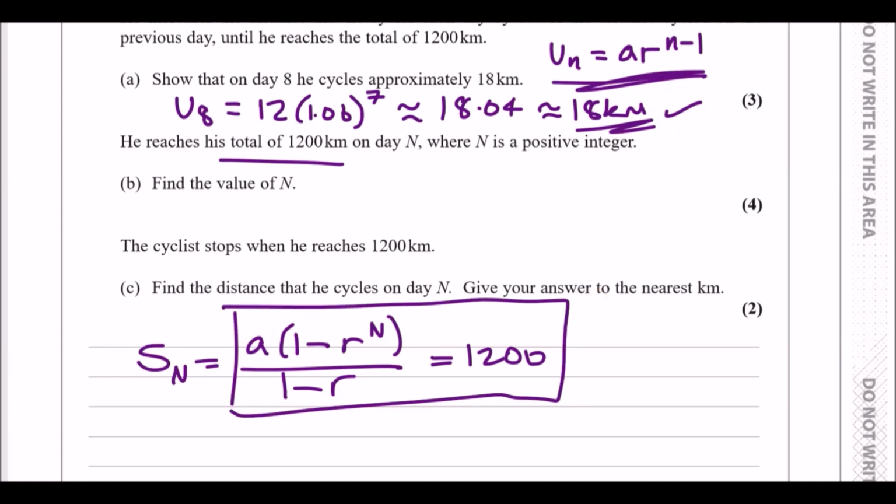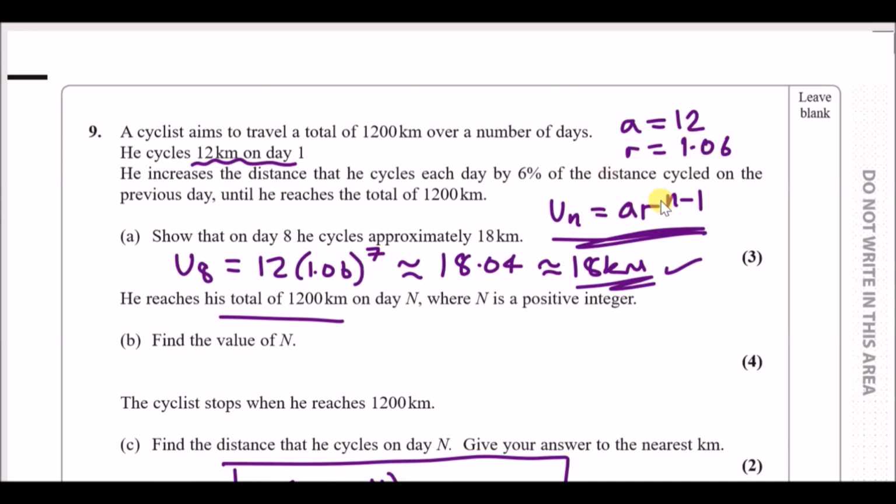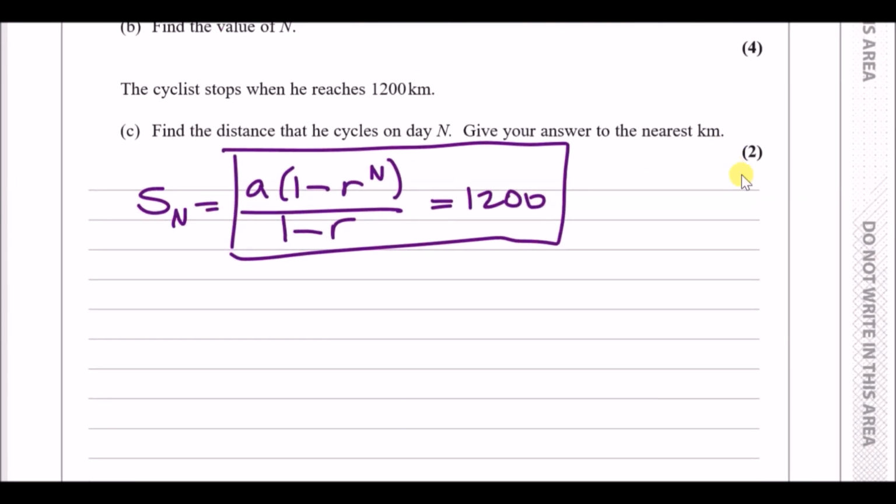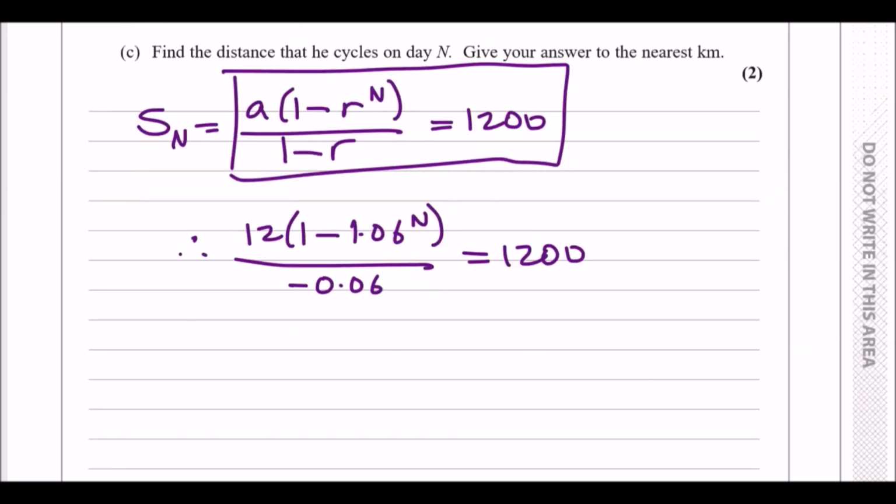So literally, you're going to end up solving an equation that looks like that. Now, updating your values, yeah? So we've got A, which is 12, and r is 1.06. We're going to have 12 times 1 minus 1.06 to the power of n, over 1 minus r, which is minus 0.06. All of it equal to 1200. Now at this stage, you just want to go ahead and solve for n.